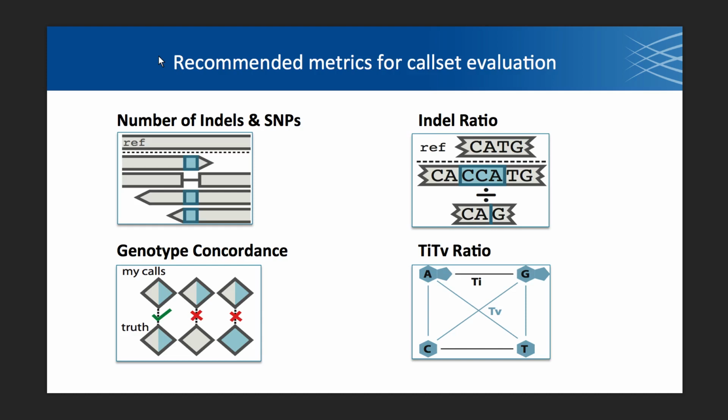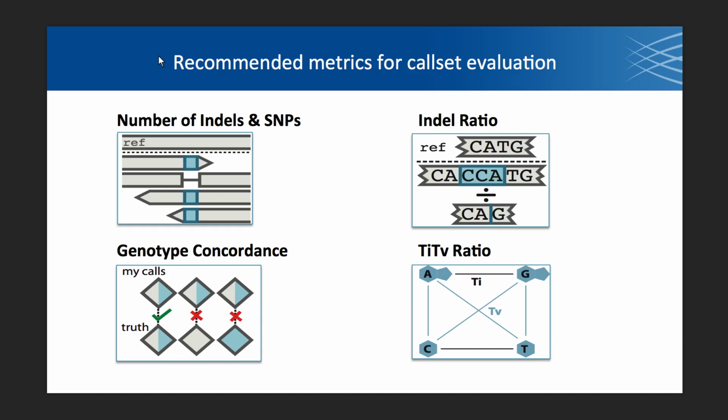And the TiTv ratio uses a curious feature of the true variants in humans, which is that the transitions, A to G, G to A, C to T, T to C, happen at a much higher rate than the transversions, which are all the other mutations.